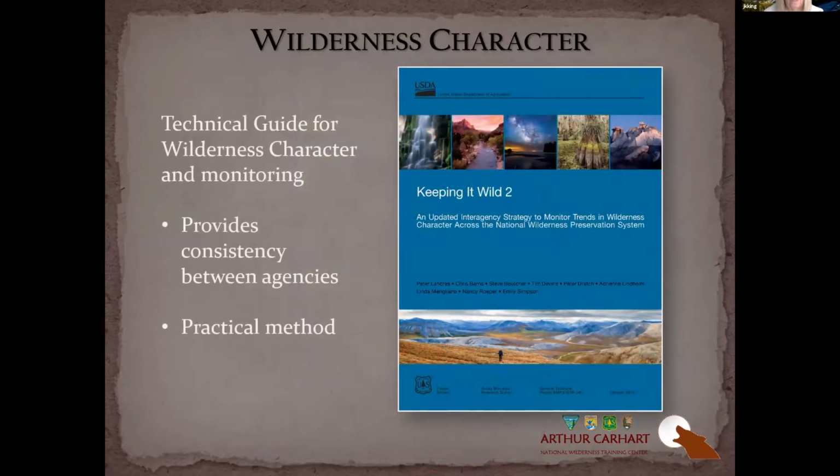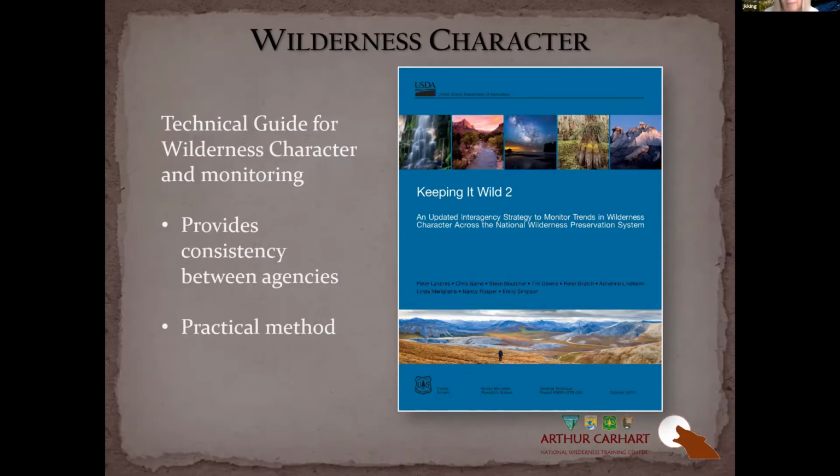And so the 4 agencies that I mentioned earlier came together, and this document, Keeping It Wild 2, was written and signed in 2015. There was an original Keeping It Wild document where the agencies tried to come together and say, we're all responsible for managing this wilderness system.